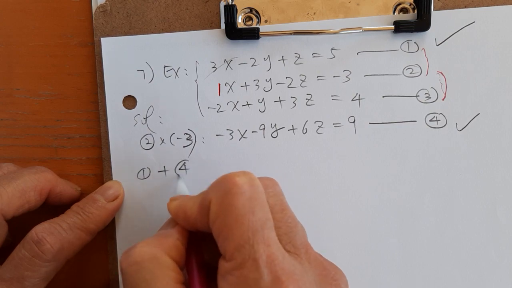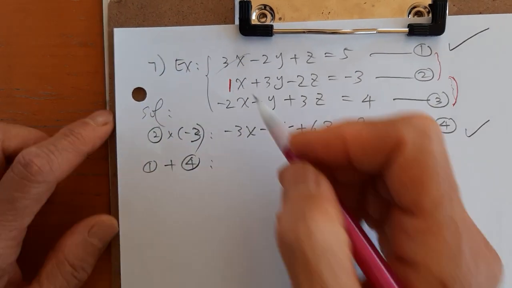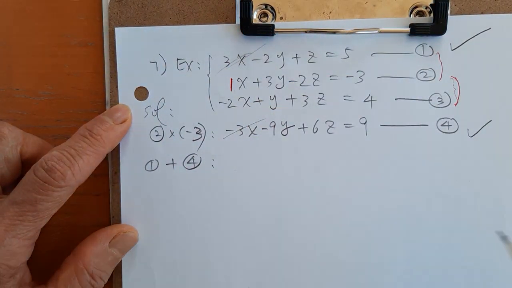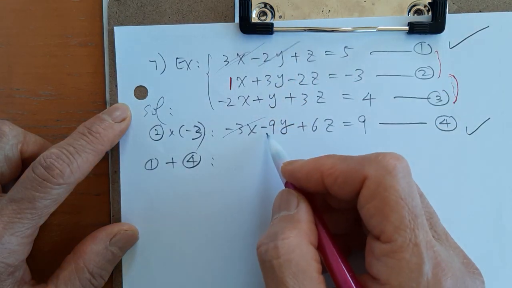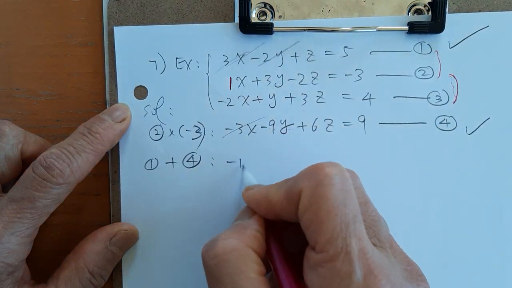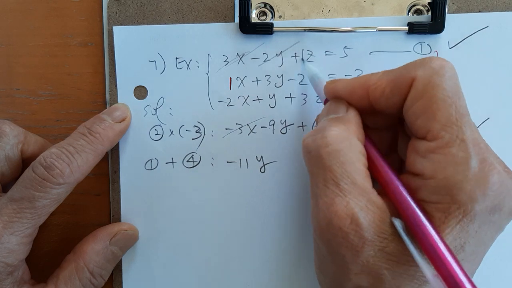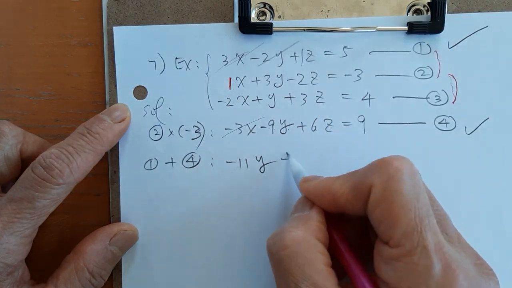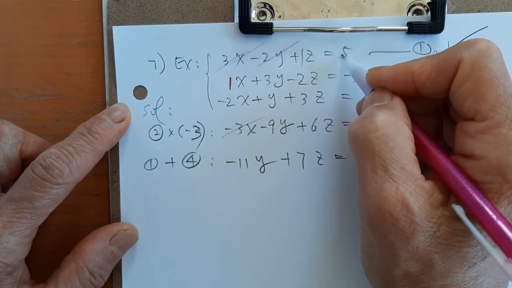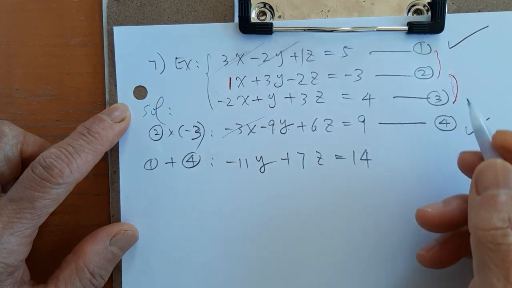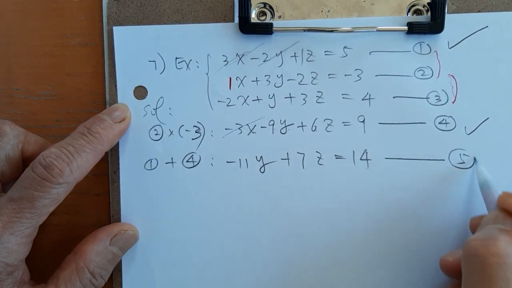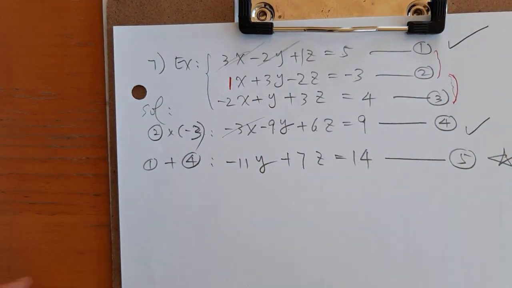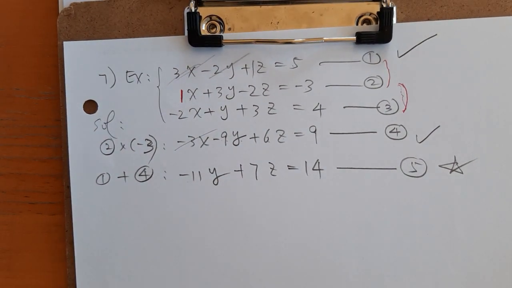So 3x add -3x is 0, -2y add -9y is -11y, 1z add 6z is 7z, and 5 add 9 is 14. Then this is the fifth equation. I'm going to use this later.